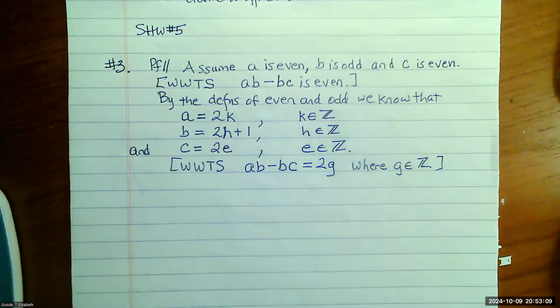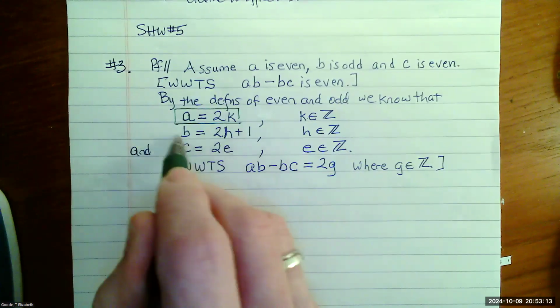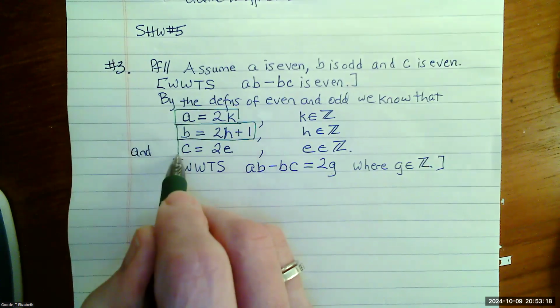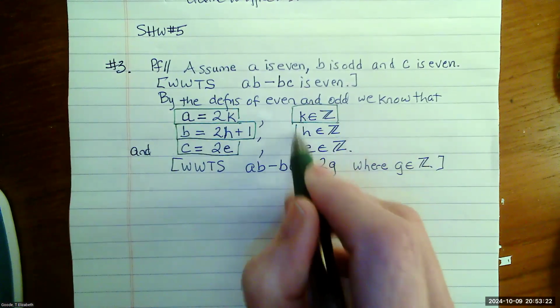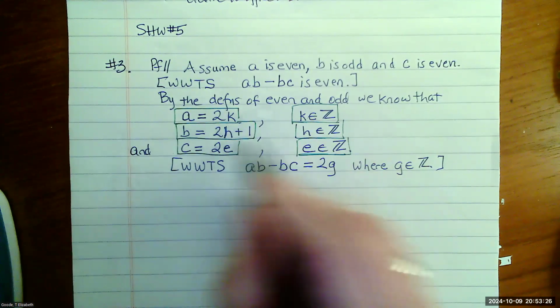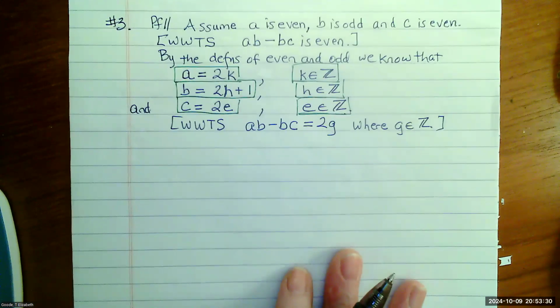You've got these nice equations. You've got that A is equal to 2K. You've got that B is equal to 2H plus 1. And you've got that C equals 2 times E. And K is an integer, H is an integer, and E is an integer. So we've got 6 pieces of information we're going to use. And now do we have to provide examples, like plug in for A, B, and C?